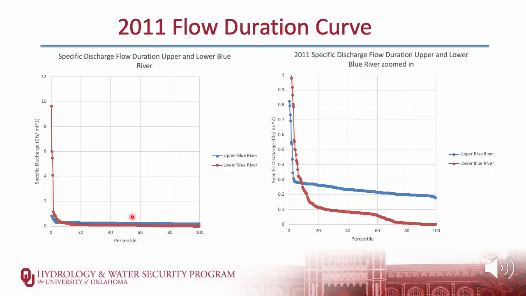But if we zoom in on the parts of this graph that we want to see, really the 50th percentile and above, we'll see there is a massive disparity between the upper Blue River and the lower Blue River's low flow values.